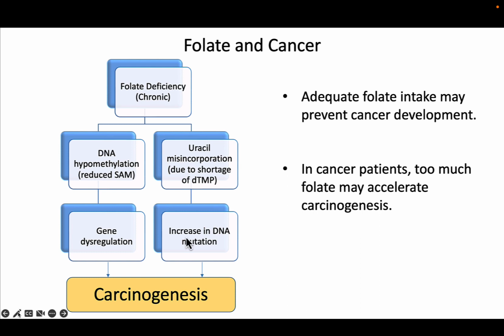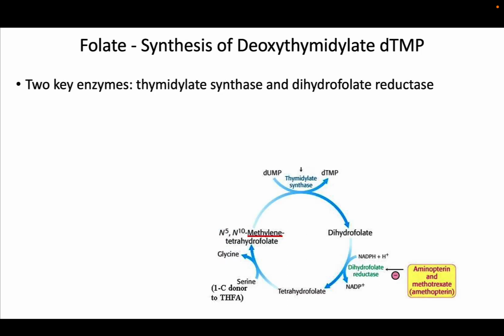And so folate gets a little bit tricky, and so you don't want too little, you don't want too much. And modern medicine has sort of capitalized off of the involvement of folate in cancer development, and the cycle that goes from methylene tetrahydrofolate to dihydrofolate back to tetrahydrofolate.